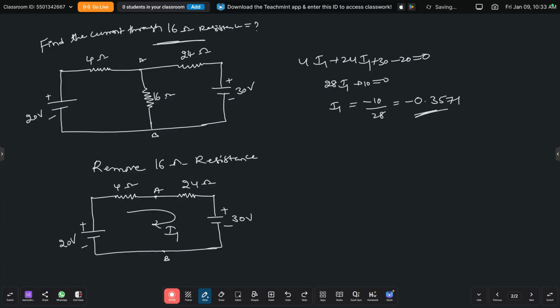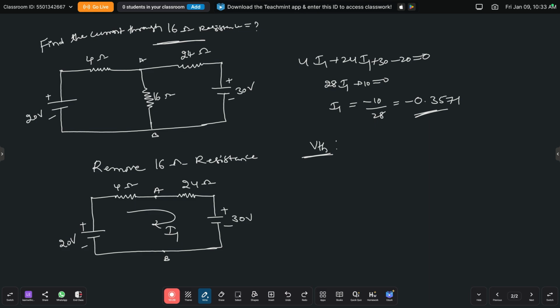After finding the current, we need to find the value of Vthevenin. So how can we find Vthevenin? There are a number of ways to find the Vthevenin, by applying the voltage division rule or some other. I am going to proceed with one of the methods.